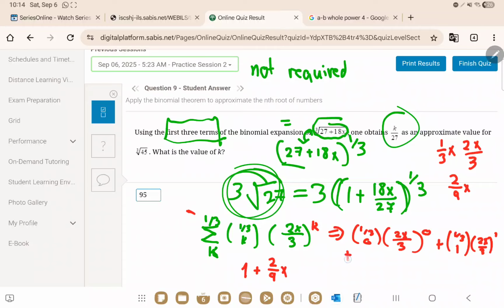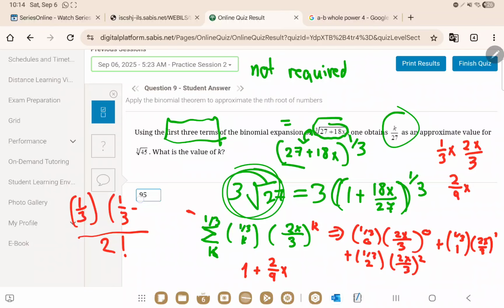Now the third term would be plus 1/3 combination 2 into 2x over 3 squared. Now 1/3 combination 2 we need to solve aside. By the way, I told you a few questions ago, now we have 2 factorial in the bottom, so we only factor it out twice. So it's 1/3 into 1/3 minus 1, and then you put that into your calculator, which is 1/3 times 1/3 minus 1 over 2 factorial, which is basically 2.